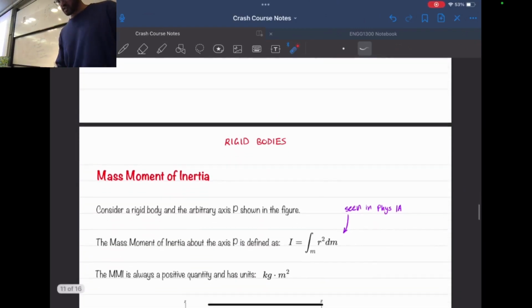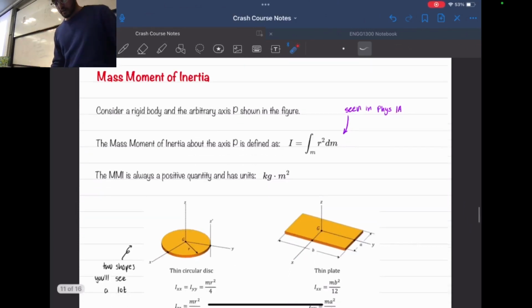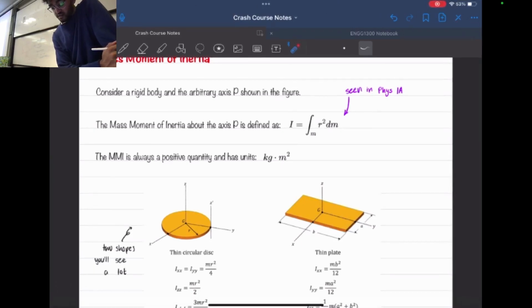Next, I'm going to go through just a little bit of rigid bodies, mainly mass moment of inertia. So you guys also saw some of this stuff in Phys 1A. There's a lot of overlap between mechanics and Phys 1A. So consider a rigid body and the arbitrary axis P shown in the figure. I did not include the figure. Oh, no. Okay, it's fine.